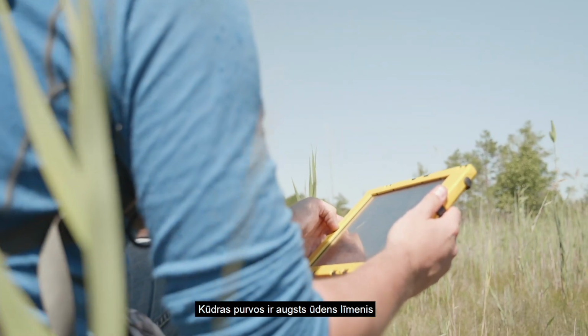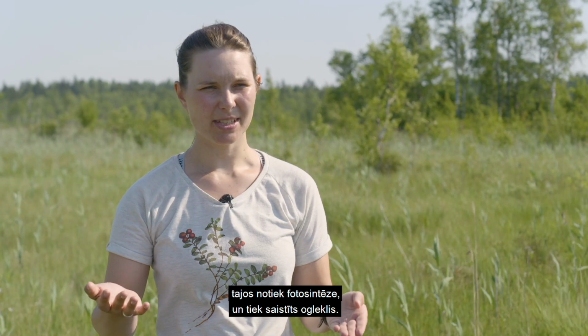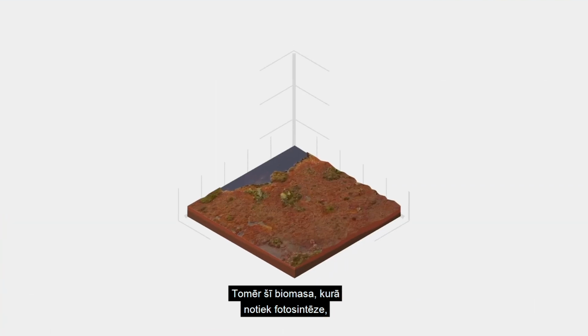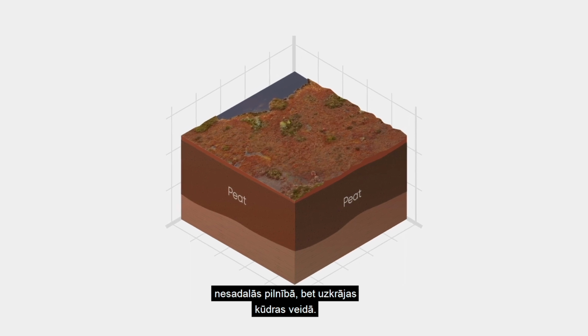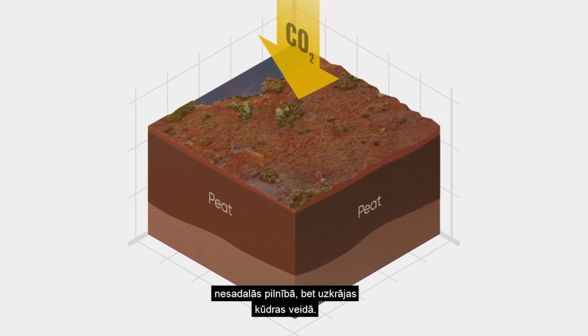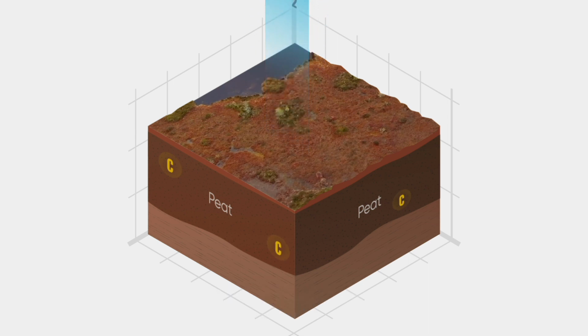Peatlands have a high water table and very specific conditions like acidic waters and peat. And in this kind of conditions, plants grow and photosynthesize and bind carbon, but this photosynthesizing biomass, those plant tissues, they don't decompose fully, but accumulate as peat.